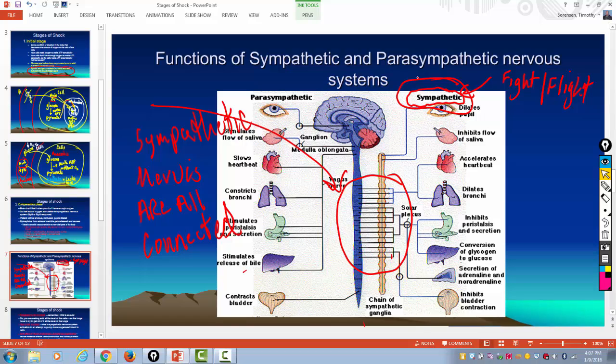Its purpose is to prepare your body to run or fight. You're in trouble. There's stress on your body. You're going into shock, right? You want to prevent that from happening, so you want to make sure that your brain and vital organs are getting enough oxygenated blood. So you activate the sympathetic nervous system, and the sympathetic nervous system also innervates the adrenal medulla.